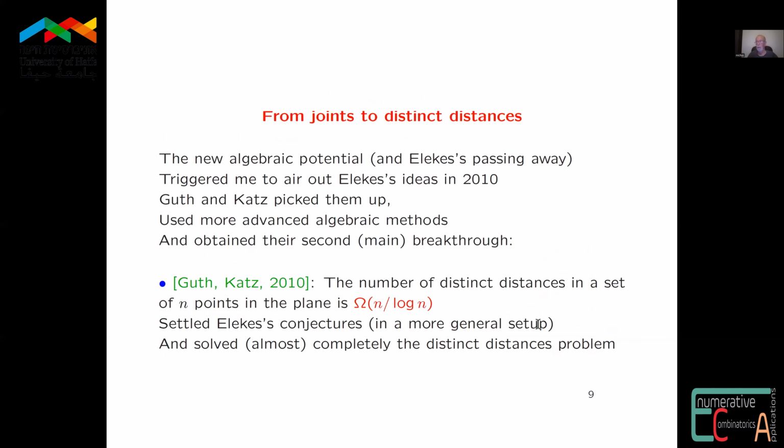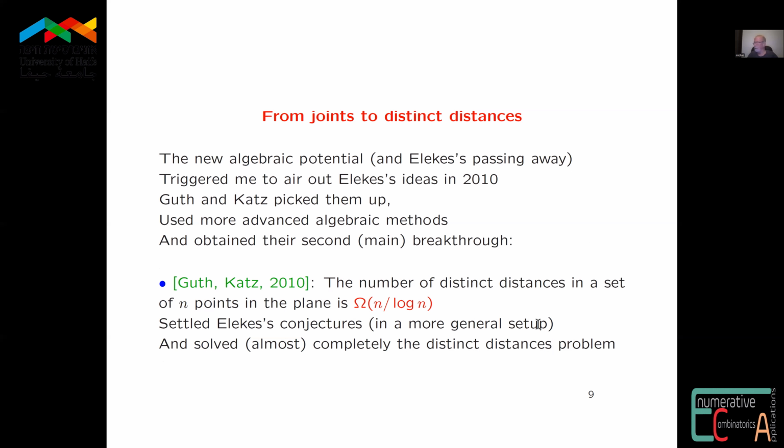So the story, this is like a fairy tale. Elekes' ideas were floating around, and he passed away. And he had sent them to me too. So I felt motivated to publish his ideas in the annual symposium on computational geometry.